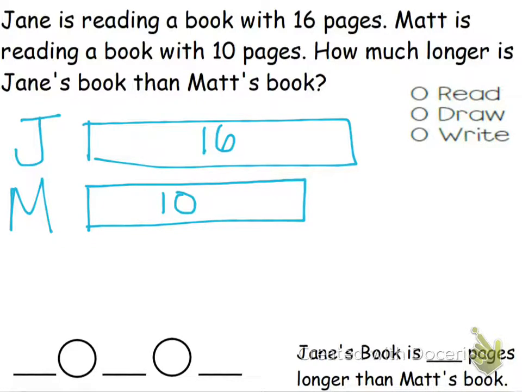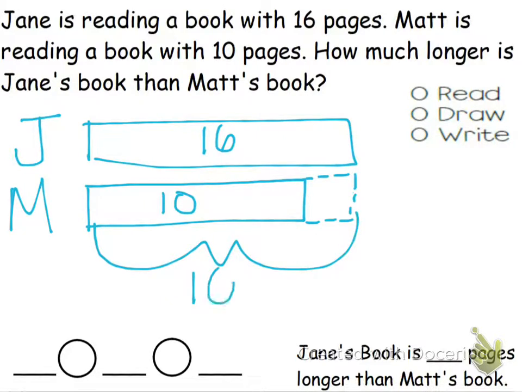And this is my 10. We have to figure out how much longer Jane's book is than Matt's. Well, look at this. There's just this little piece right here that if we make an imaginary box, it would be 16 as well. So how many more do we need to add to this 10 to make it 16, to figure out how much longer?